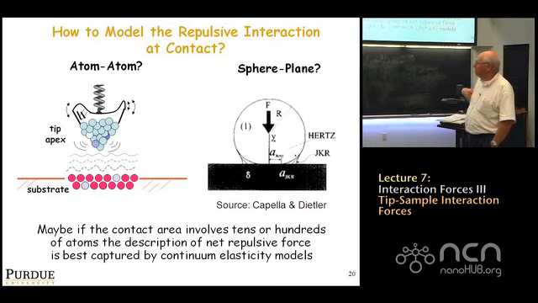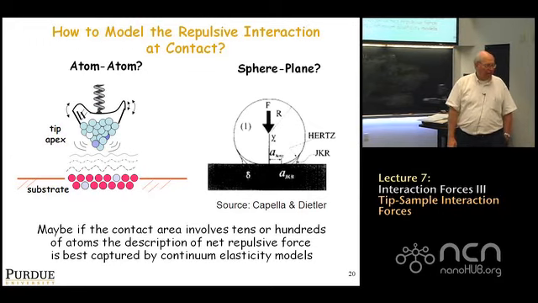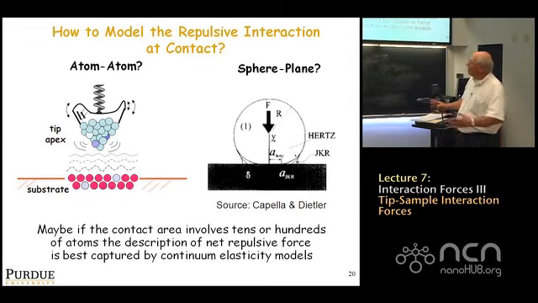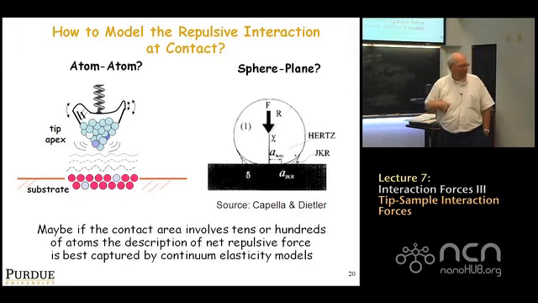And we maybe can use continuum elasticity to discuss the interaction of the tip with the substrate. So I think the physicists and the quantum chemists tend to look at AFM in terms of atom-atom interactions. I think the people in the engineering disciplines tend to look at the tip-substrate interaction as a continuum interaction between spheres and planes.